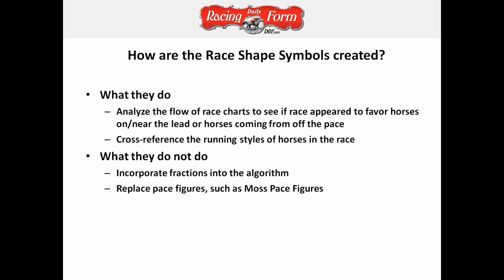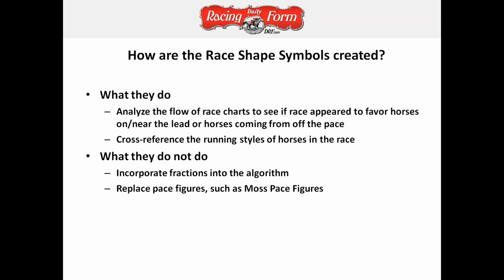Right, and I mentioned the symbols are added for every race that's run in North America since the start of 2015. But actually, in the testing, you went back and looked at every race run in North America for the last 5 years, right? So this is not something where you were looking at a very small sample size before we added it to the PPs.